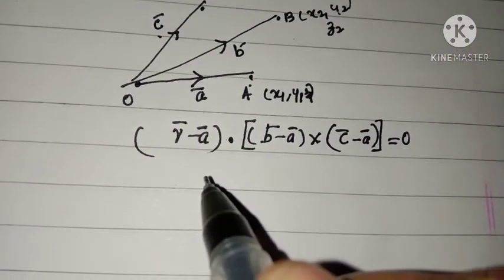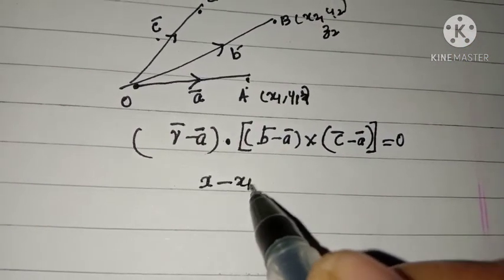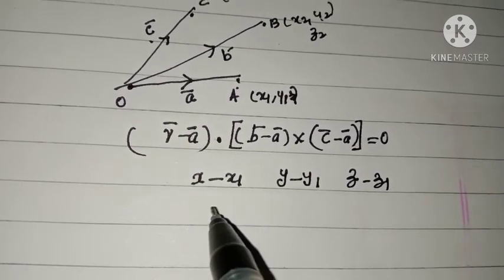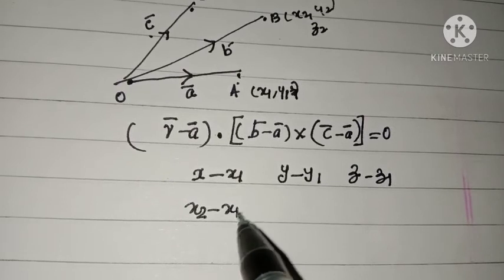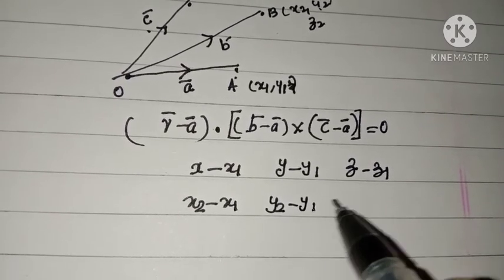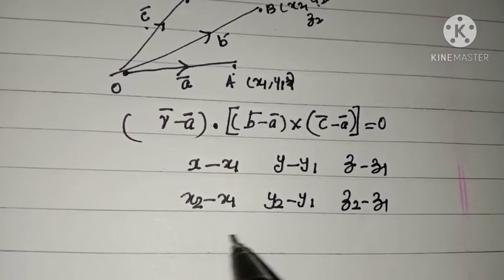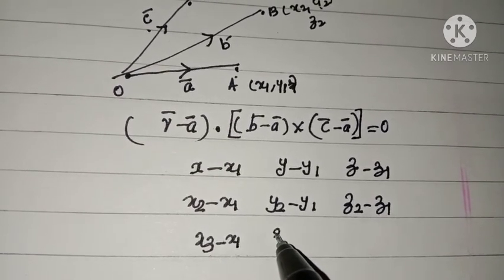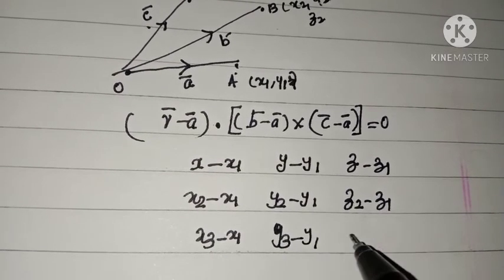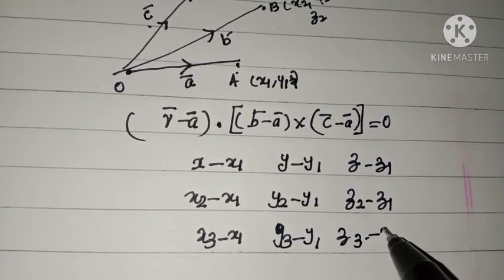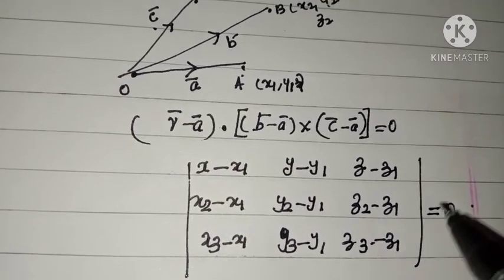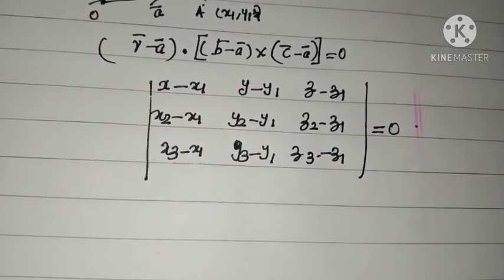Then the Cartesian form is the determinant with rows x minus x1, y minus y1, z minus z1; x2 minus x1, y2 minus y1, z2 minus z1; x3 minus x1, y3 minus y1, z3 minus z1, equal to 0. Okay, so this is the Cartesian form.